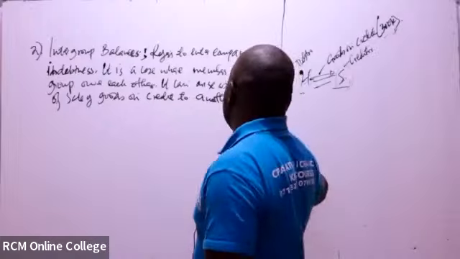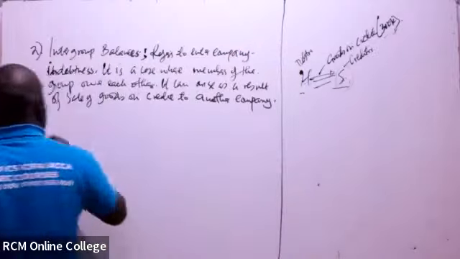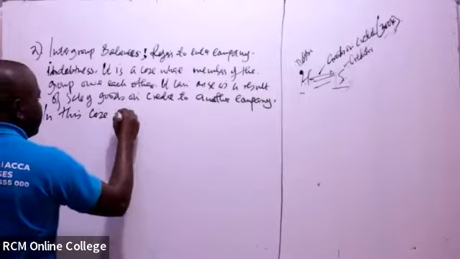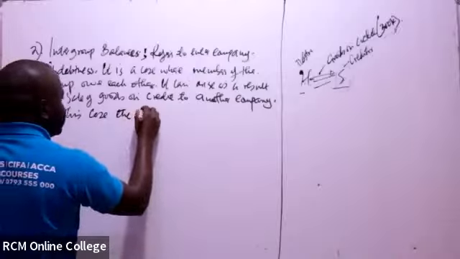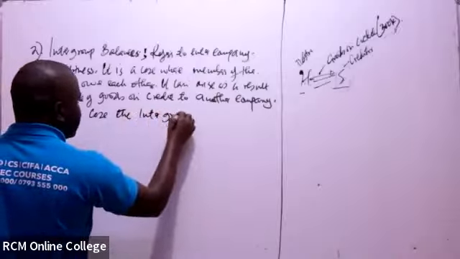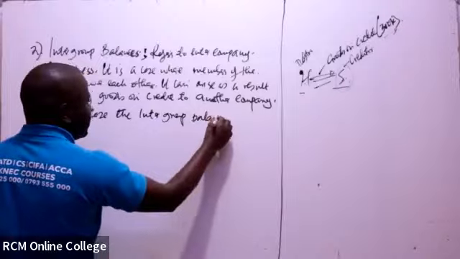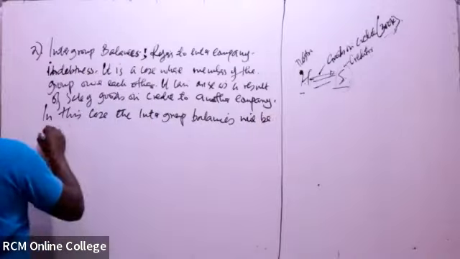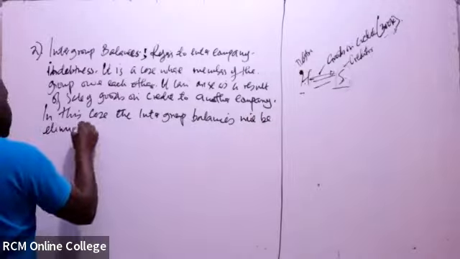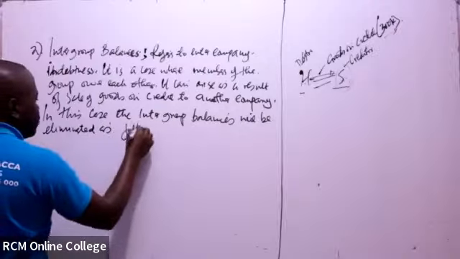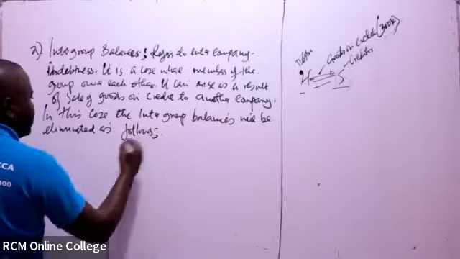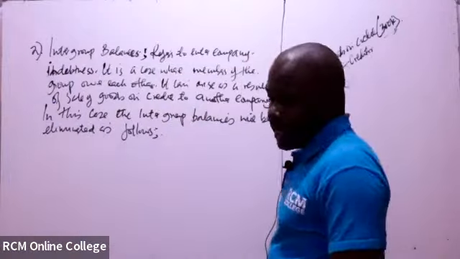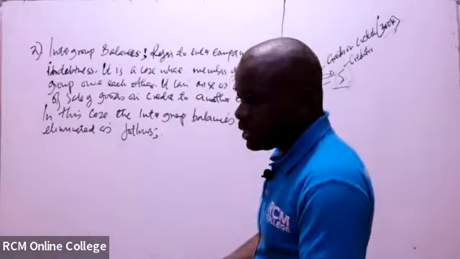Then you write and say, in this case, the intergroup balances will be eliminated as follows. So how you'll end up having to eliminate them, this is the entry you'll be able to pass.